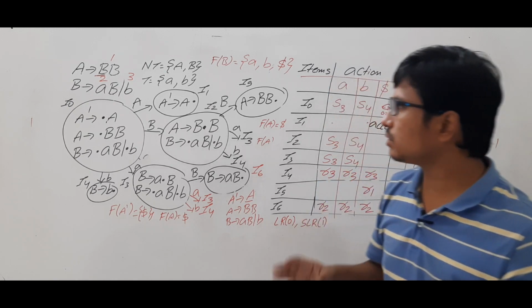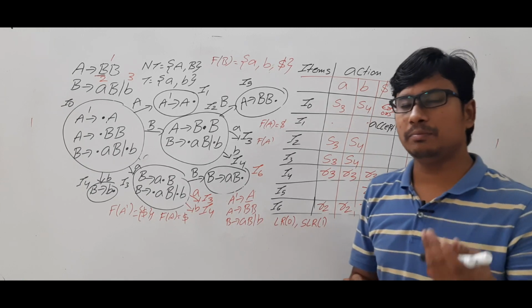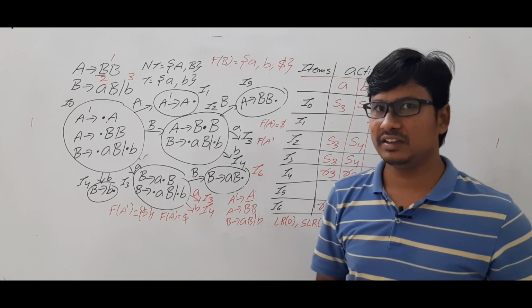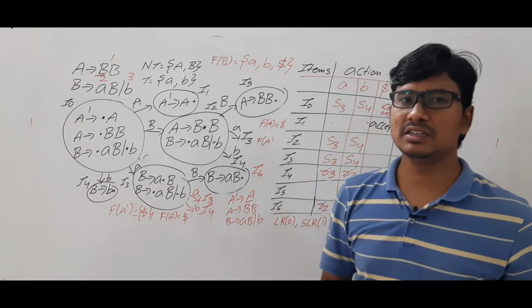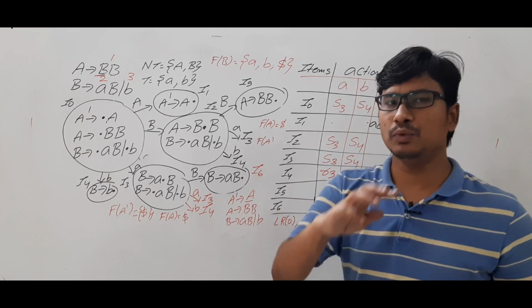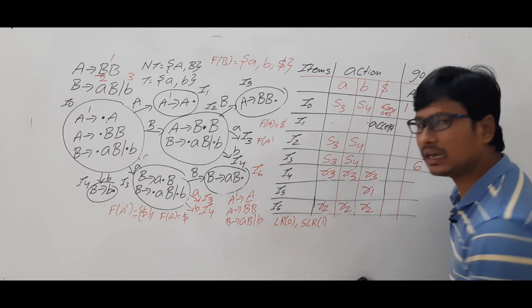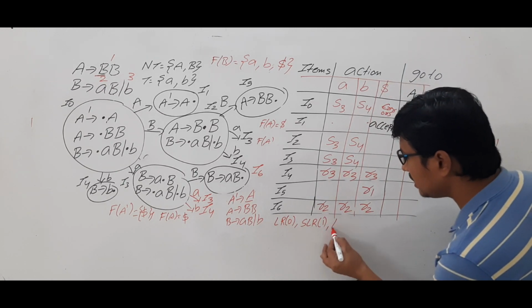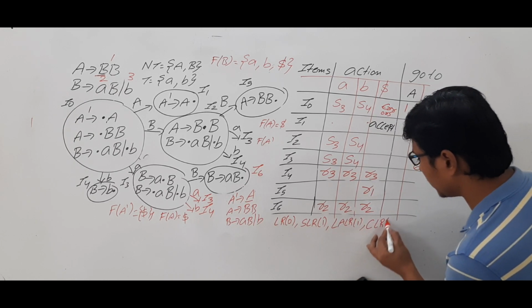And you may ask, sir, you have completed the LR0 items and SLR1 parsing table, then what is left? The SLR1 parser only, am I right? Now when I was discussing the LR parsers, we said that we have 4 parsing techniques: LR0, SLR1, LALR1, and CLR1.